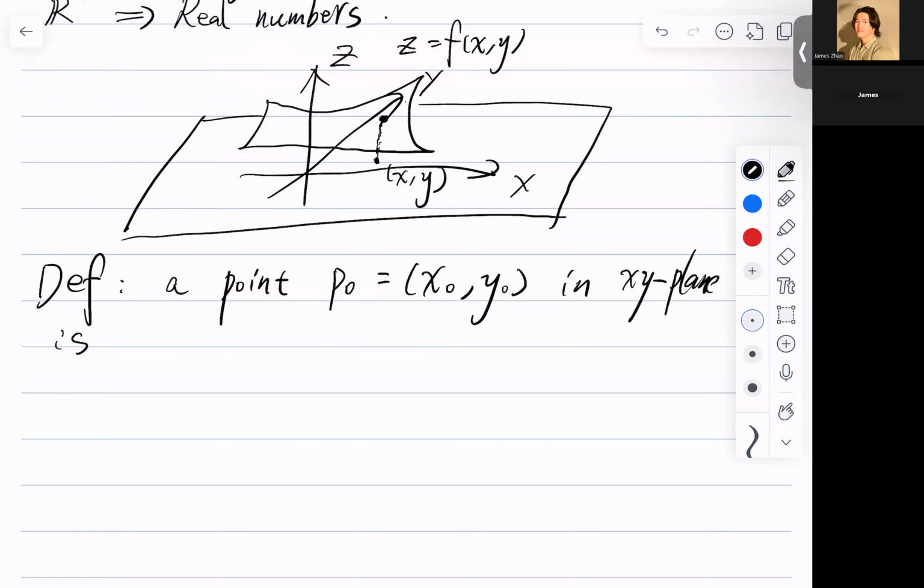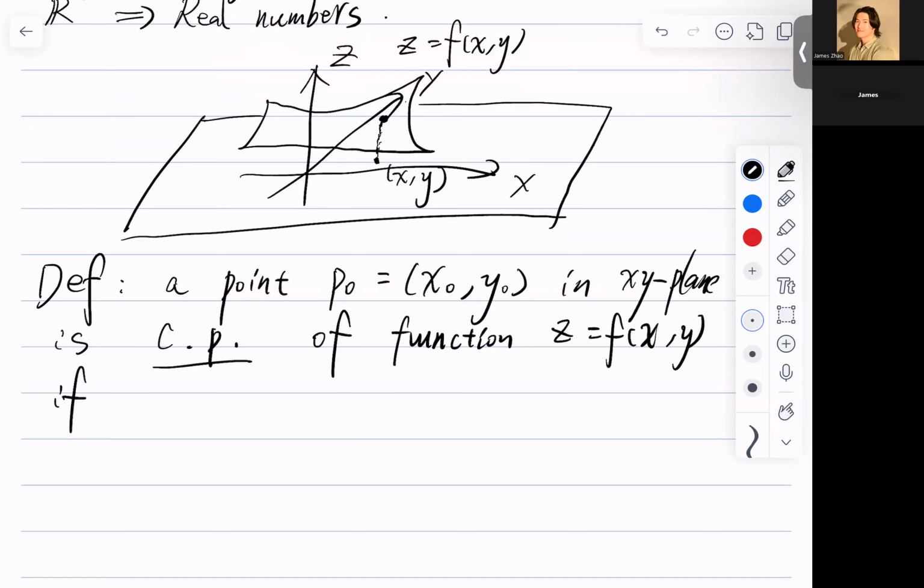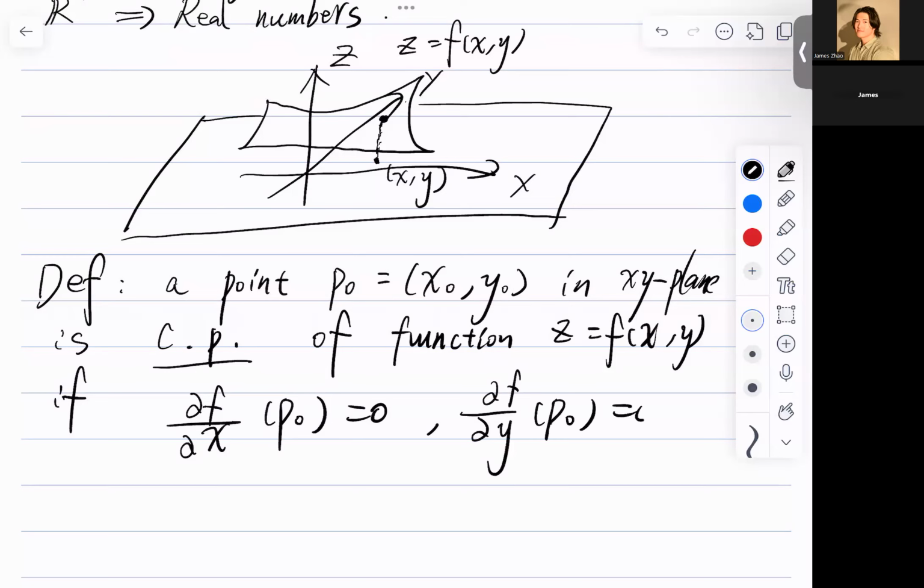It is a critical point of function z equals f of xy if the following two hold: the partial derivative of f with respect to x at point P naught equals 0, and the partial of f with respect to y at P naught is also 0.